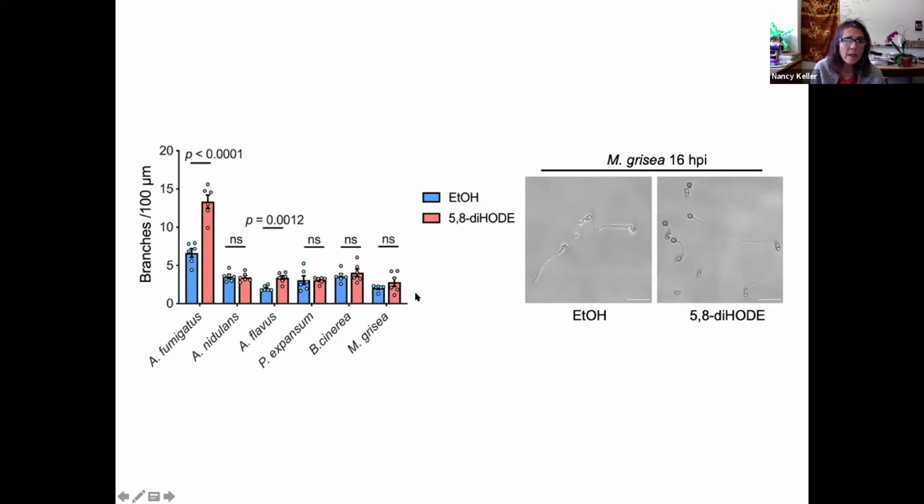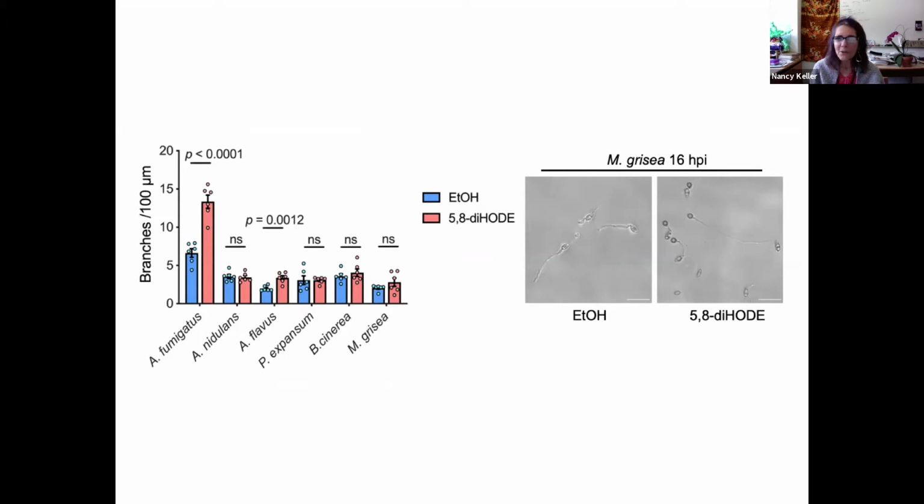So we looked at a few other fungi, and we found that one other pathogen, Aspergillus flavus, also significantly branches when exposed to the 5,8, but the other fungi we looked at, and we didn't look at that many, did not. Including Magnaporthe, we didn't see a significant difference in branching.